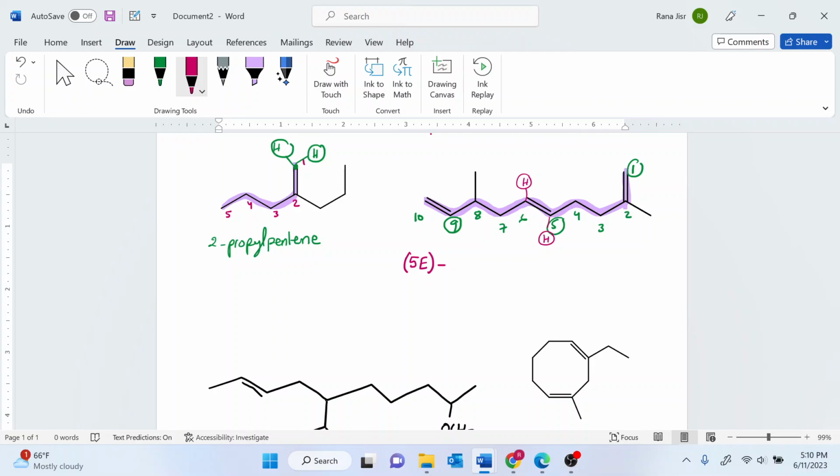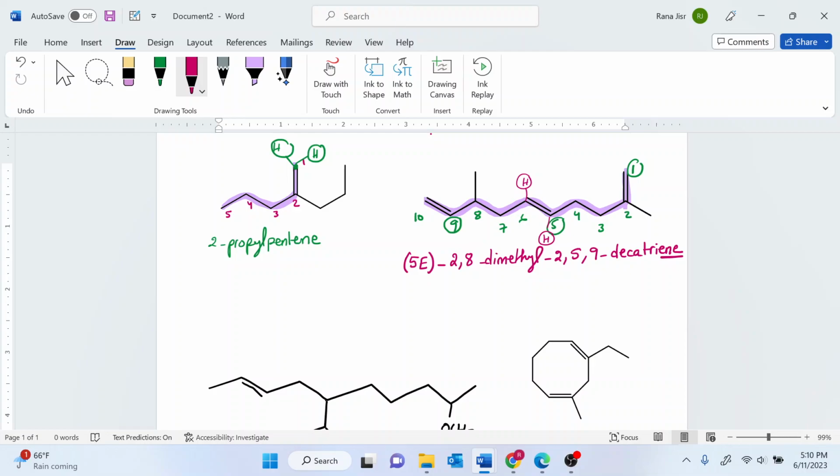My longest chain is going to be decatriene, and then on carbons 2, 5, and 9, my double bond, and on carbons 2 and 8, I do have my dimethyl, and then 2, 5, and 9, this is deca-tri-ene.